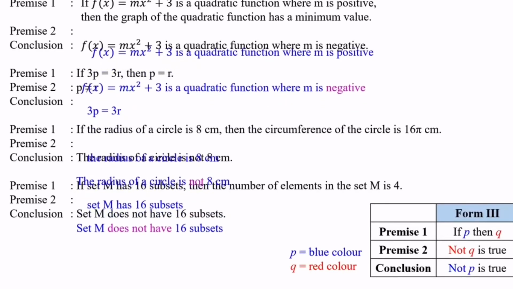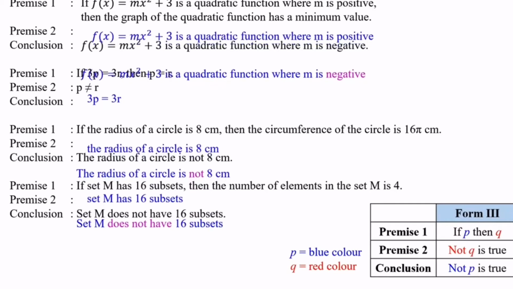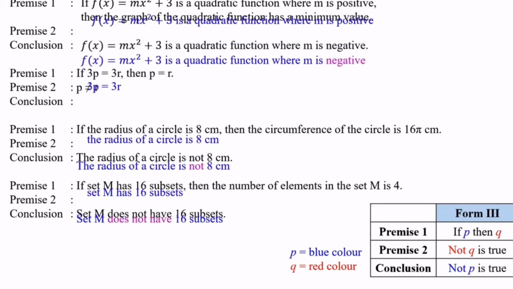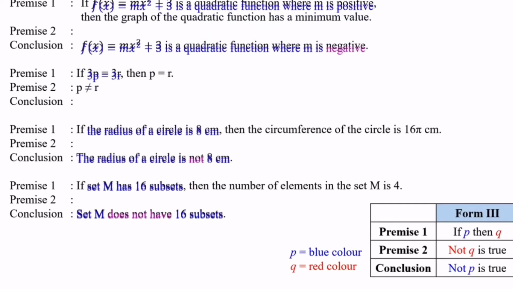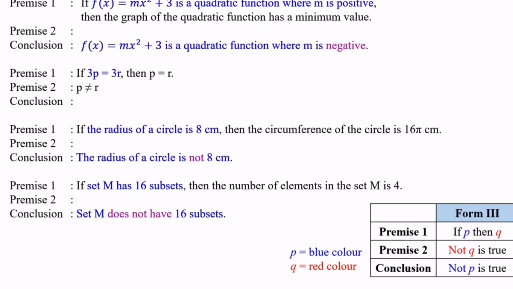Now we want to highlight using different colors. For P, we'll use blue color: f(x) equal to mx squared plus 3 is a quadratic function where m is positive. Then the graph of the quadratic function has a minimum value is the Q statement. After then, we highlight in red color. That is our Q statement.